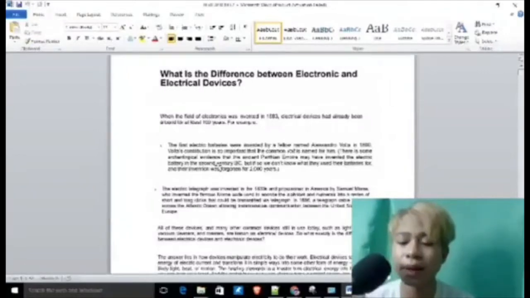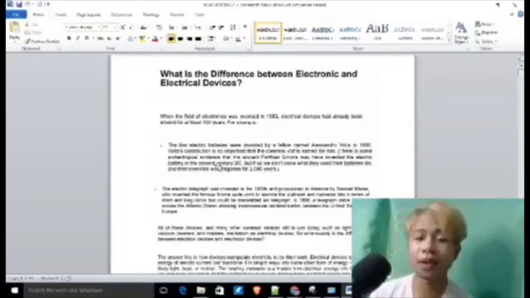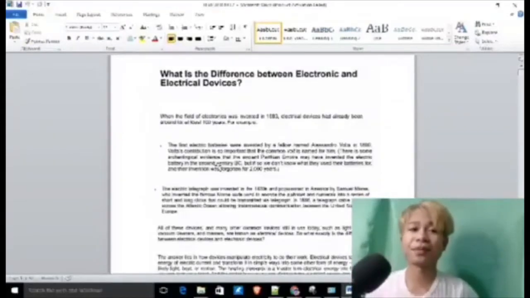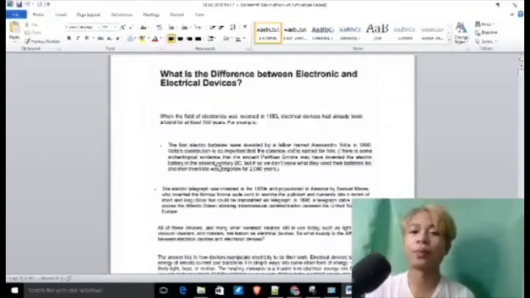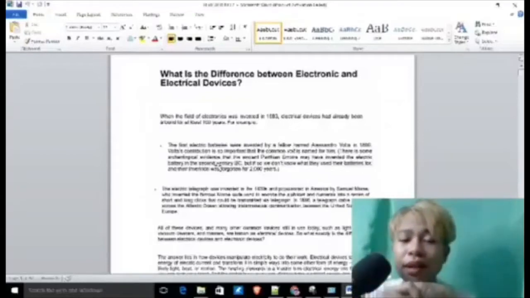We're using direct electricity, and at the same time there is a temperature control, where we have choices to select what temperature we want the device to function at. So that's what I understand about electronic and electrical devices.